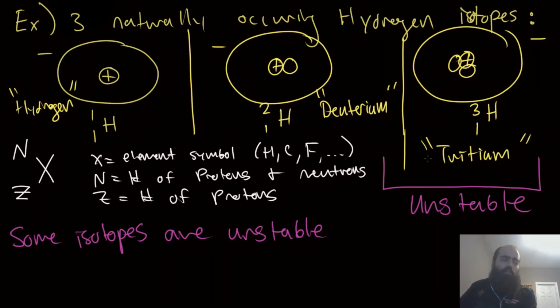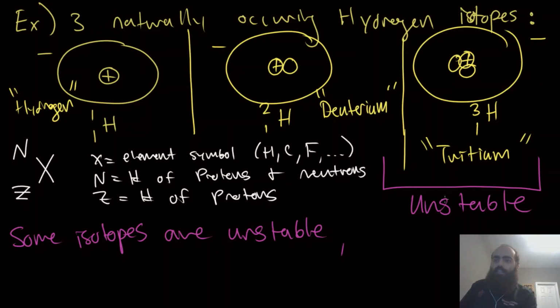These isotopes are unstable, and what all things in nature want to do is they want to achieve some sort of stability. Like if you have a ball on the top of a hill, that's unstable, and that ball wants to come to a more stable position. It wants to roll down that hill. Whenever you have these unstable isotopes, they want to become stable and they will do whatever they can to achieve that.